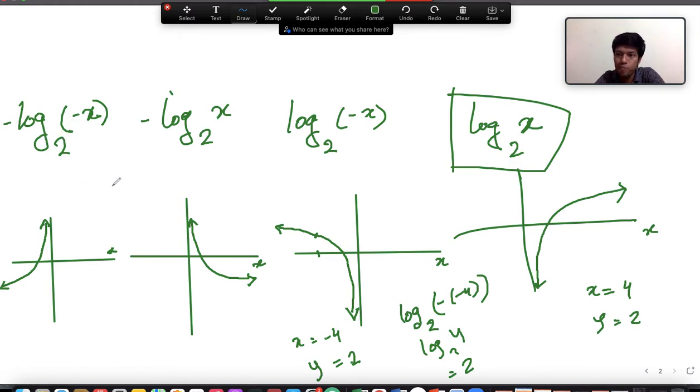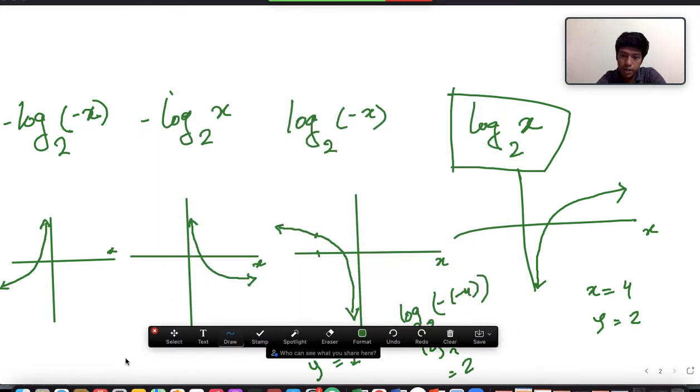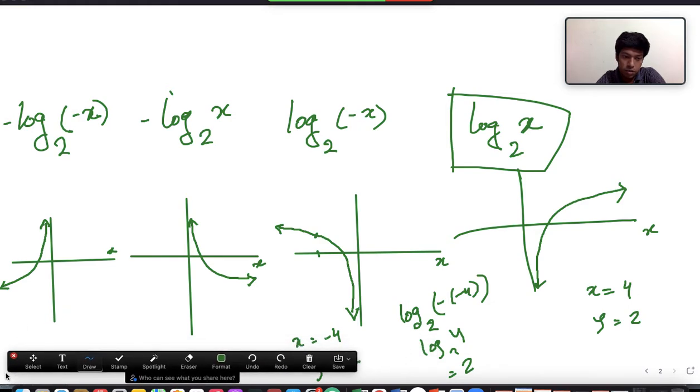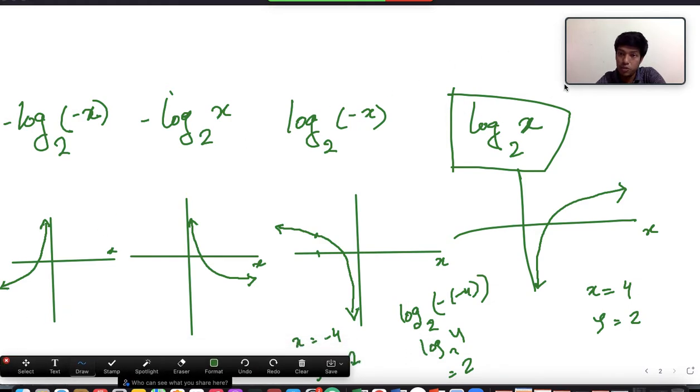Okay, now let me connect it with the exponential graph so that you can see what is happening here. And I will draw it, although it will look a little bit congested here, but still I will draw it here so that you all can see the connection. Suppose 2 to the power x graph. 2 to the power x graph is which one? Let's use some other color for exponential.